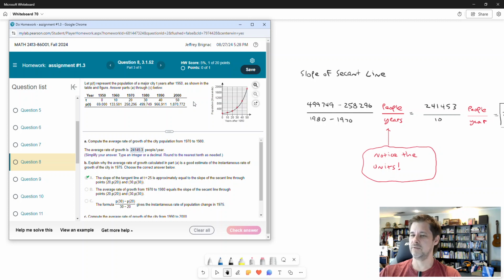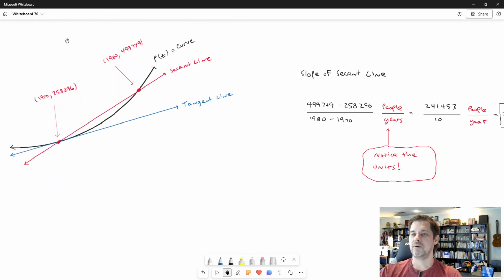Based on what I've told you as far as definitions of average rate of change or average rate of growth and instantaneous rate of growth, we're saying, why is the slope of the secant line a good estimate of the slope of the tangent line at 1975? Okay, so, well, just by nature of graphs, if my points are sufficiently close, then yeah, the secant line is roughly parallel to the tangent line, having roughly the same slope.